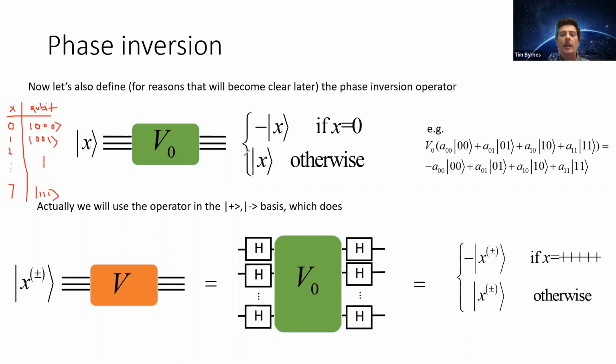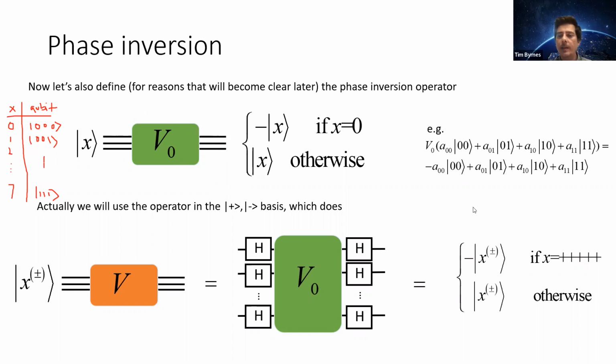And what this particular operator V0 does is put a minus sign on just the 0, 0, 0 state, and all the other states are left alone. So there's no -1 phase in front of all the other states. This is the only one that gets the -1.